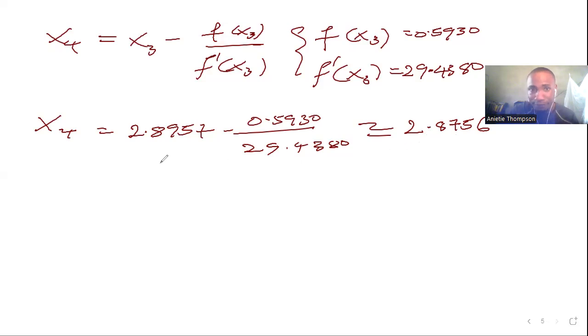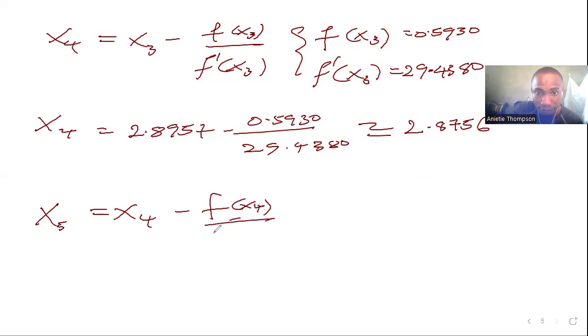That's my x5. Checking the epsilon value now, the difference is approximately 0.01, but I need 0.001, so I still have to try the update and check the next value. That will give me x4 minus f of x4 divided by f prime of x4.